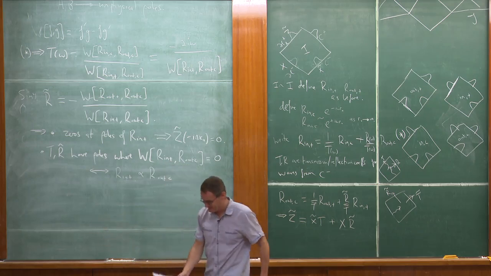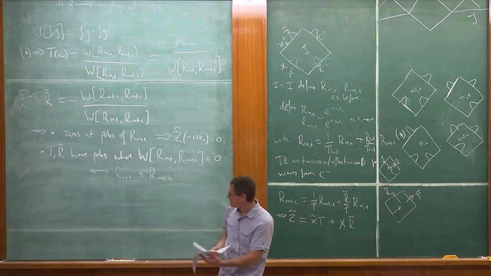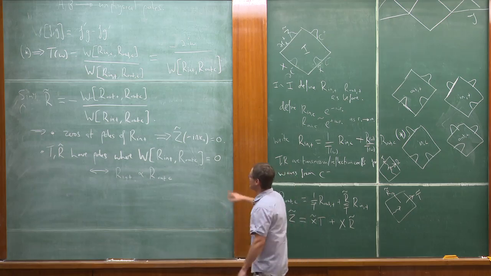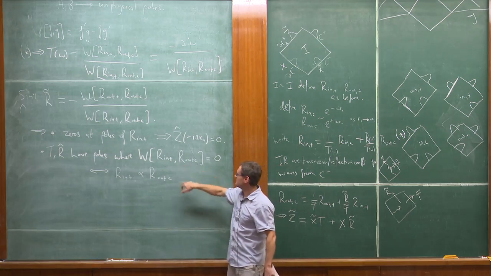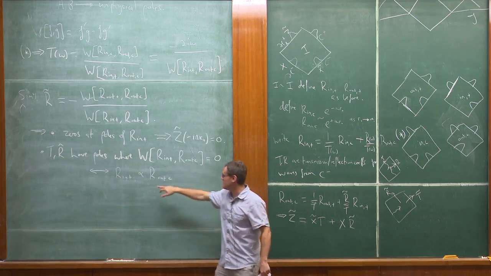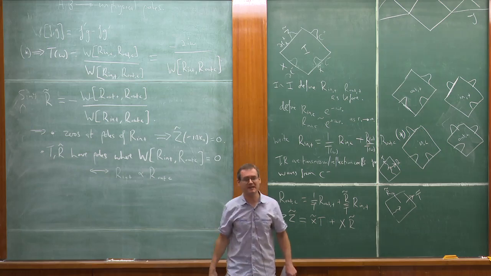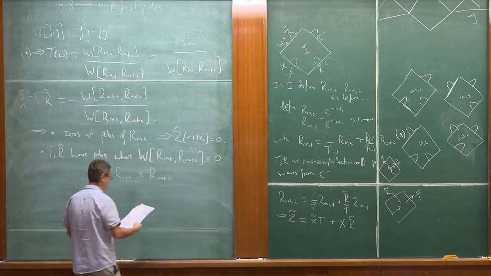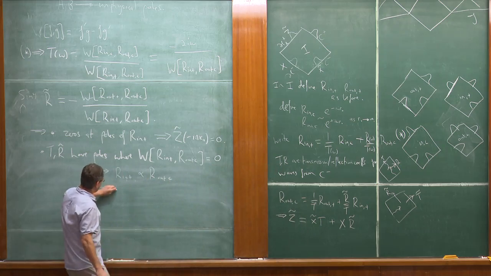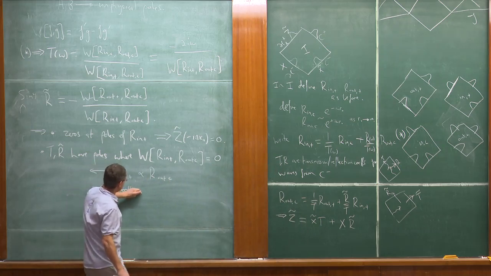You get poles there. So what are these poles in the transmission and reflection coefficients? Well, they're when this Wronskian vanishes, but a vanishing Wronskian means that R in plus and R out C are linearly dependent, which means that these are modes which are smooth at both horizons.